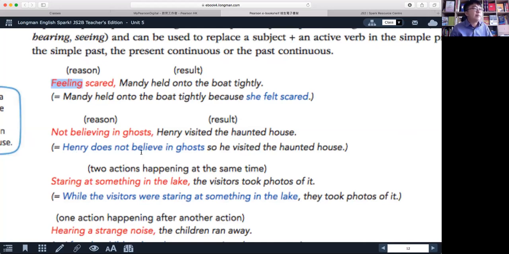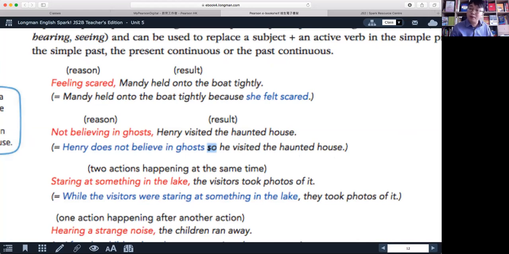Henry does not believe in ghosts, so he visited the haunted house. Look at so here. If you are smart enough, you know that we are talking about another cause and effect relationship.